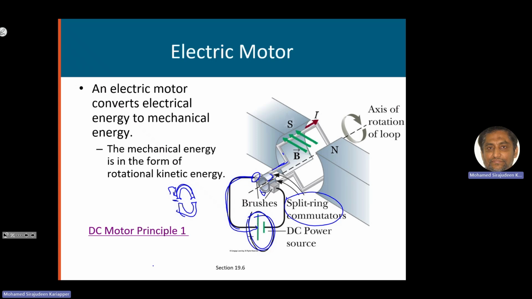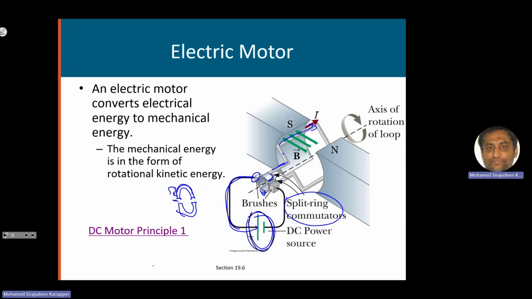Before, the current through this was going like that, and when it is touching the other ring, after it passes the vertical position, the current direction will be opposite. It will be towards you. That will make the torque not counterclockwise, but again clockwise.